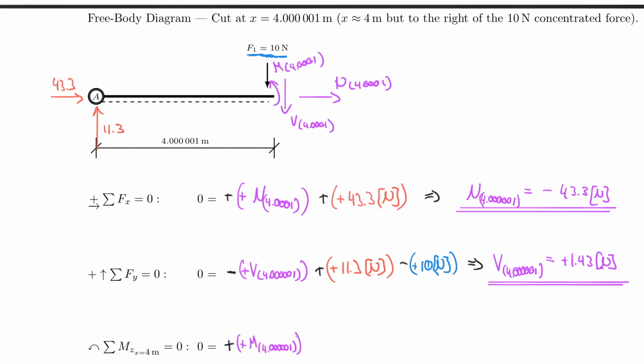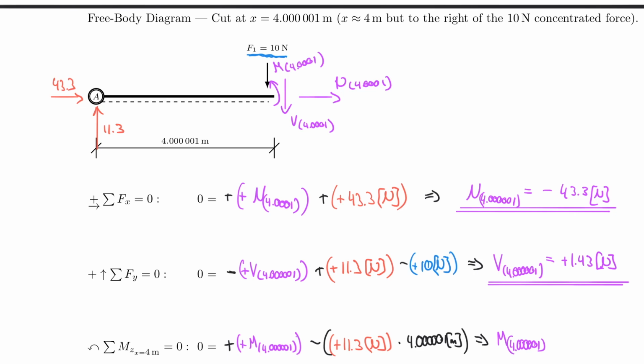So I now include my 11.3, so plus 11.3 Newton, which of course is always positive defined, multiplied by 4.000001 meters. And that has a rotational sense as well, which about this point here rotates clockwise, therefore it is negative.